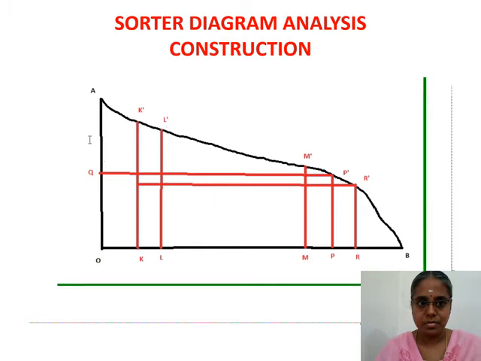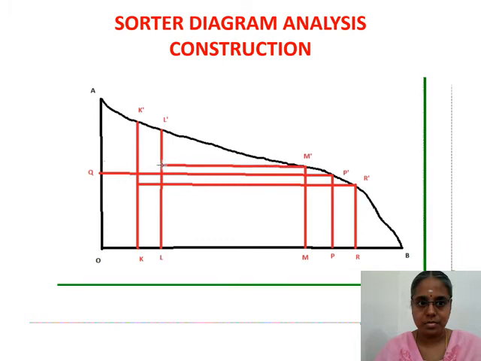Above L dash is your upper quarter and below M dash is your lower quarter. So this distance from L dash to M dash is your interquarter. You find the interquarter difference by subtracting.